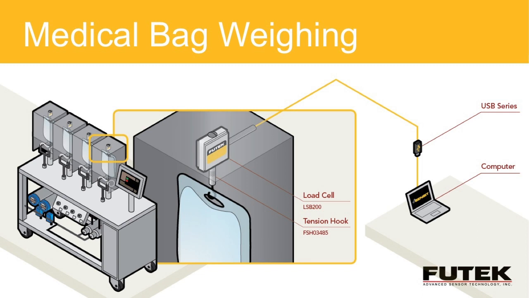But the first one that we're showing here involves basically medical bag weighing applications, which is very common in our industry, and the LSB200 is the load cell of choice, primarily because of nonlinearity, working range, and mechanical overload stops.